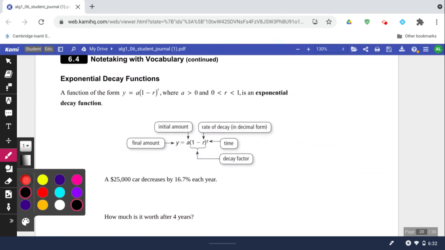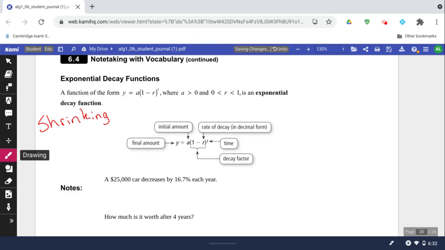So shrinking, decreasing, depreciates, or depreciating. Okay, all of those are key words for exponential decay.